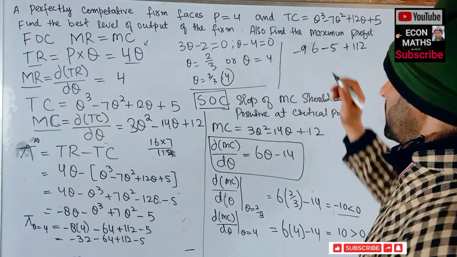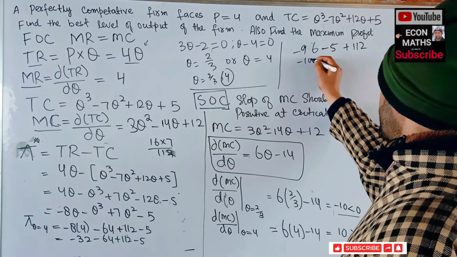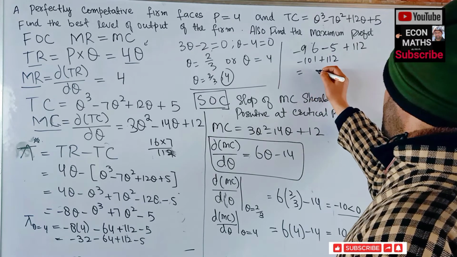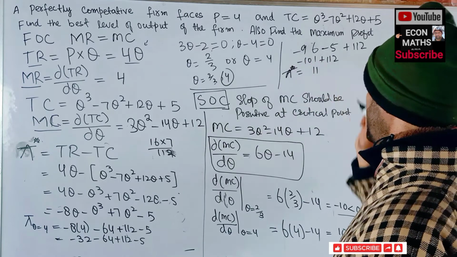Now minus 96 and minus 5 is minus 101, plus 112. So this comes out to be 11. So our maximum profit is 11.